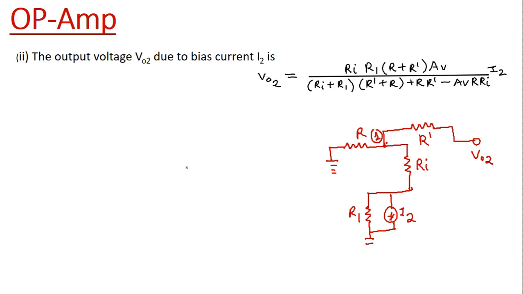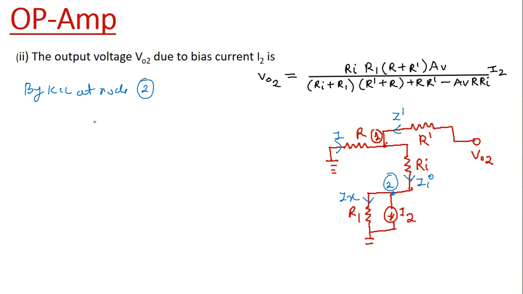Now we assume the currents here. Let the current through R dash be I dash, and the current through R be I. Again the current through Ri is Ii, and let the current through R1 be Ix.